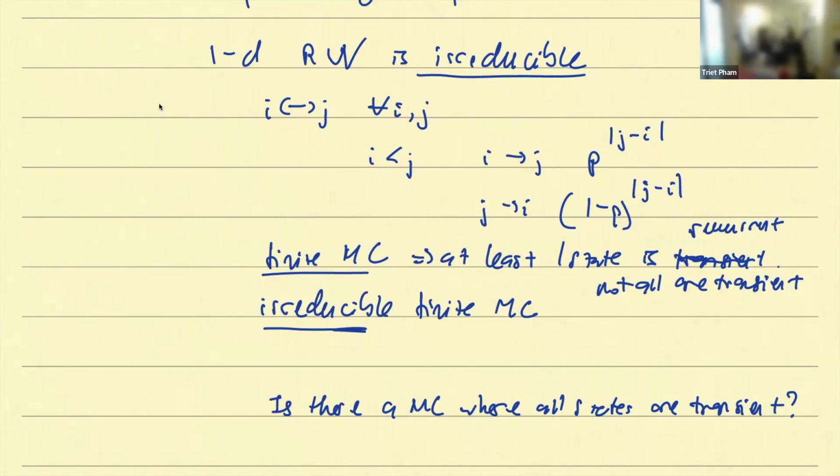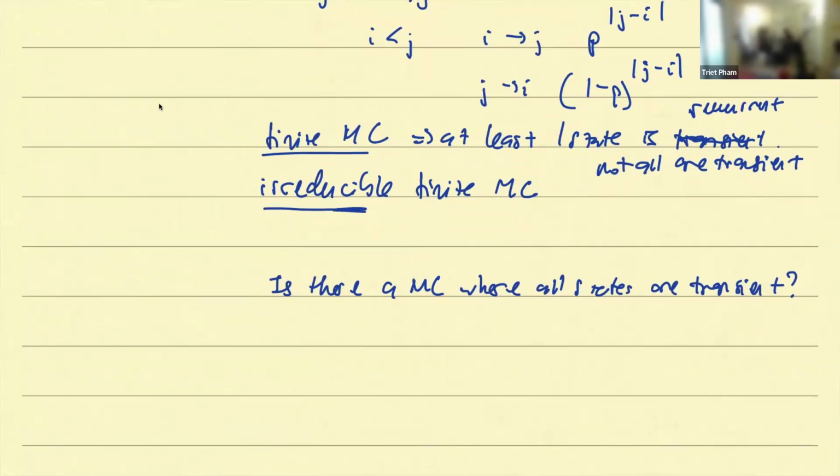In other words, this is not a guarantee, but one implication is that the chain must be infinite. And that's very simple to think of. Transient means you never return to the state.